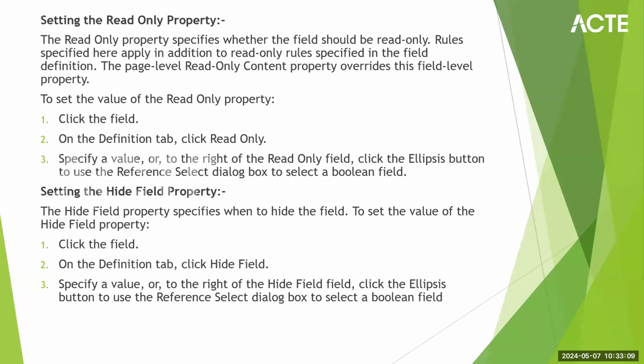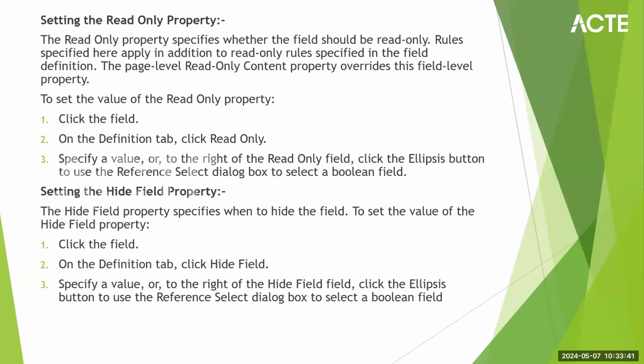Setting the hide field property. Suppose you created a policy. You have entered all the details in the account screen and you navigate to the rating screen. Now on the rating screen, the first 5 fields are displayed, but the 6th field you want to hide. You want that 6th field to be displayed only after filling the details of the 5th field.